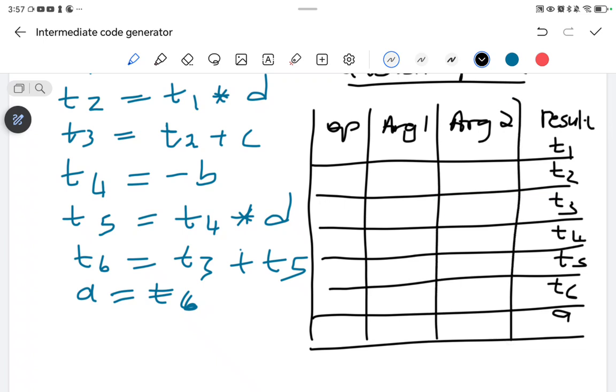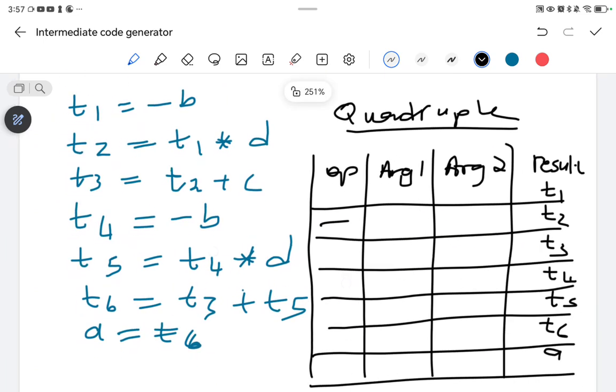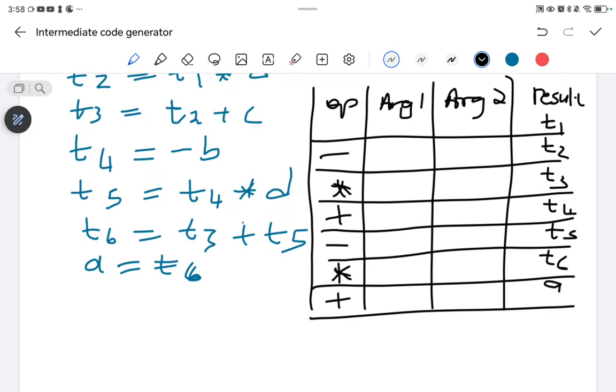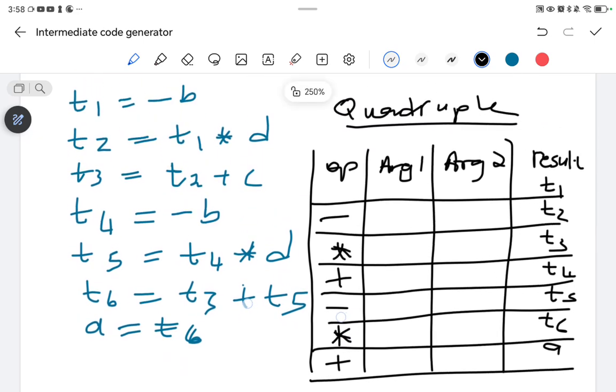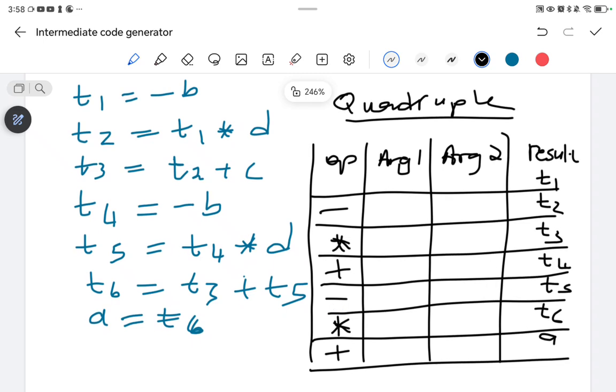So the first operand is negative, which is on T1, and then times, plus, minus, times, plus. Hey, did I miss something? 1, 2, 3, 4, 5, 6.